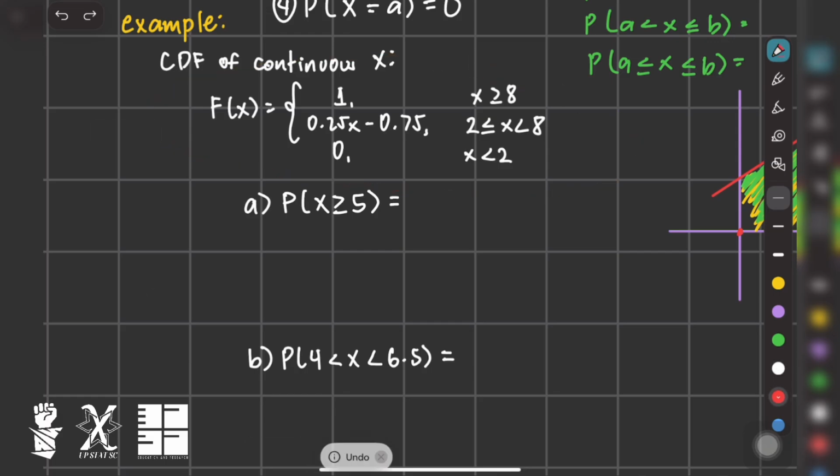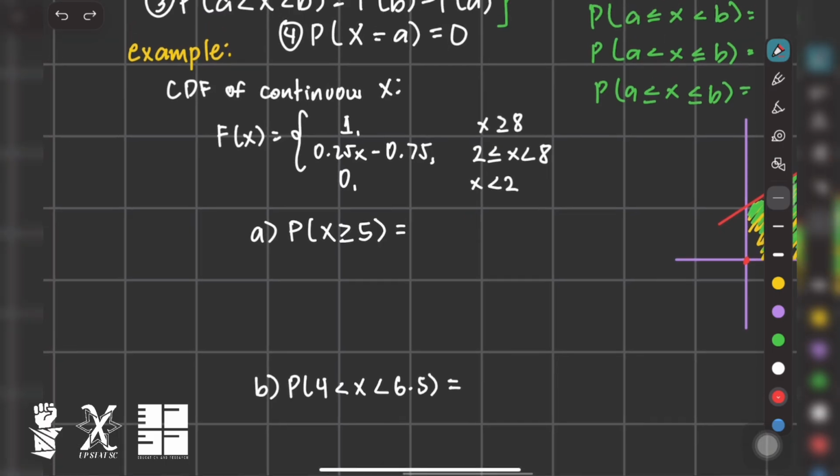So F of x is equal to 1 if x is greater than 8. F of x is equal to 0.25x minus 0.75 when x is greater than or equal to 2 or less than 8, while F of x is equal to 0 when your x is less than 2. Okay, let's try solving.